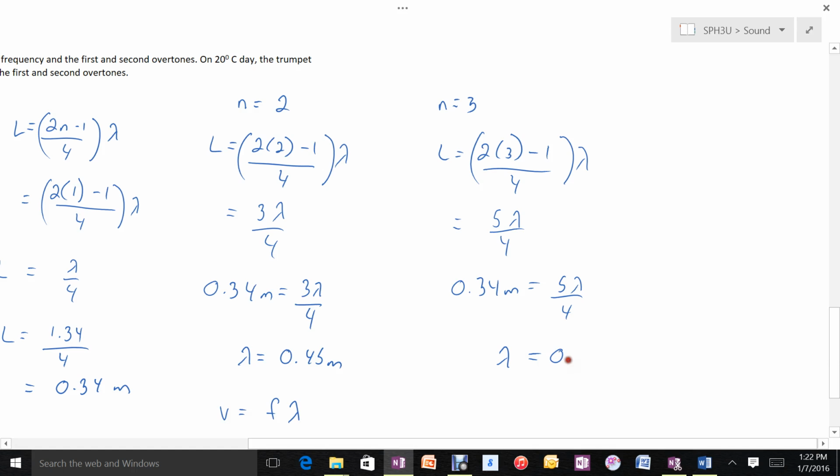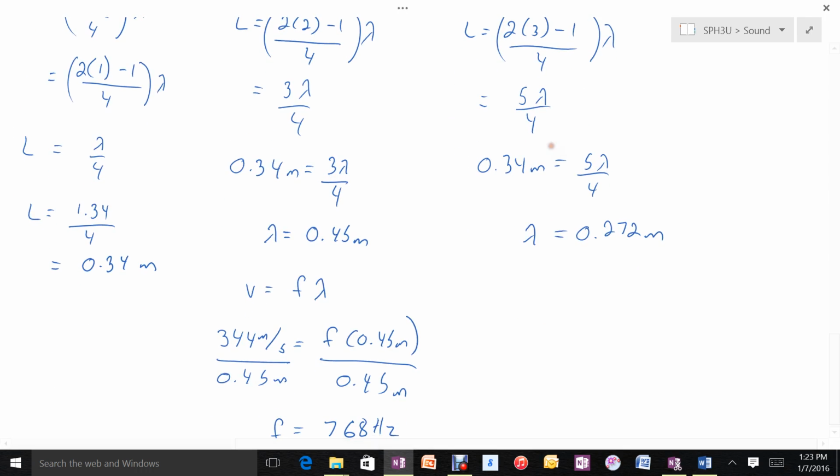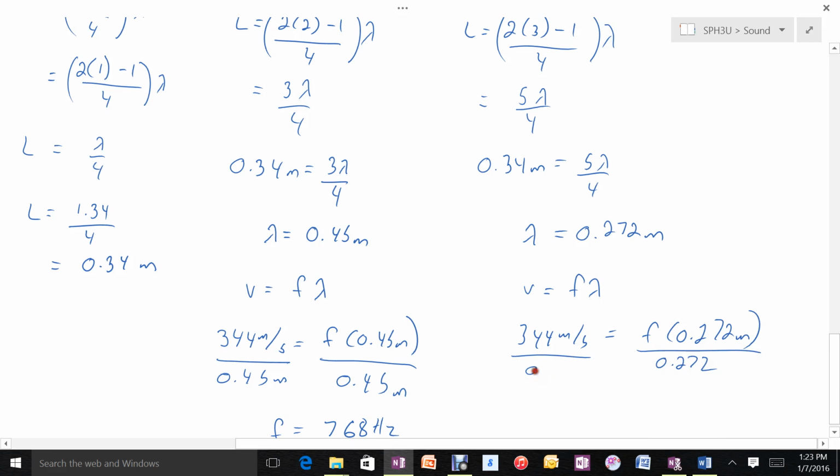So I get a wavelength of 27.2 centimeters using the universal wave equation. The resulting frequency will be 1,265 hertz.